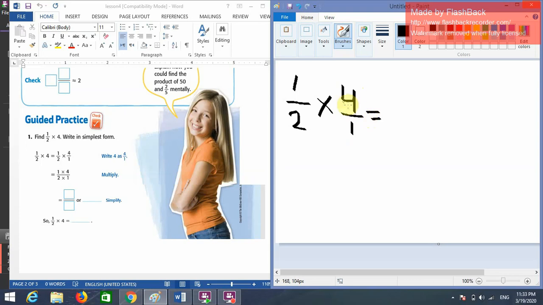Multiply numerator with numerator. 1 times 4 is equal to, yes, 4. Over 2 times 1 is equal to, yes, 2. 4 divided by 2 equals what? Yes, equals 2, because 2 times 2 is equal to 4. Okay? Like you saw today, our lesson today was super easy.